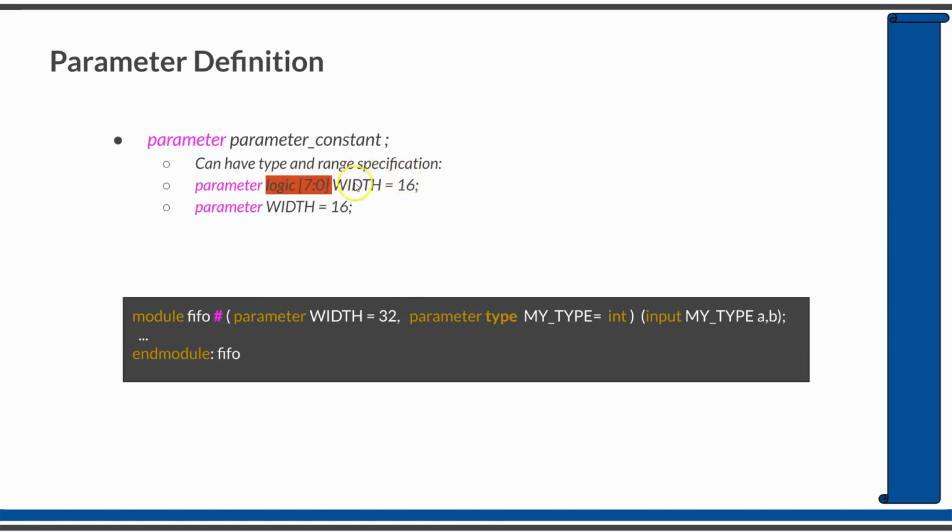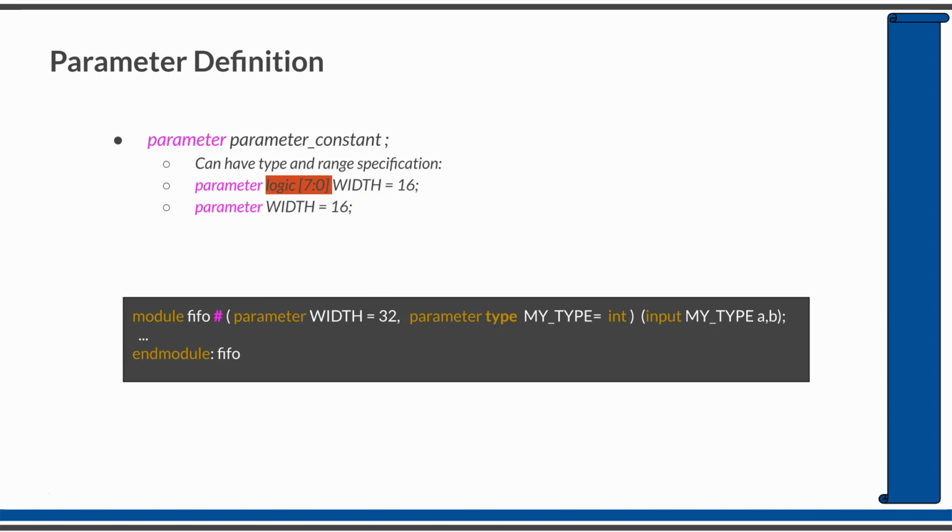Whenever the code encounters the name width after this, it will replace it with the logic [7:0] value 16. If you don't give a type for the parameter, by default it will be integer. You can straight away give the parameter value like parameter width equals 16.